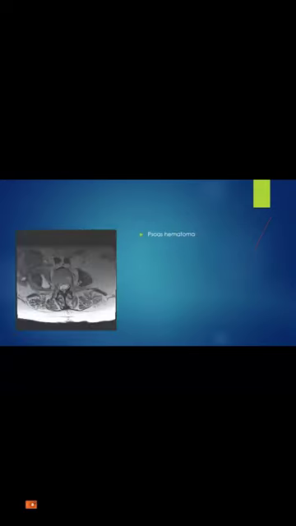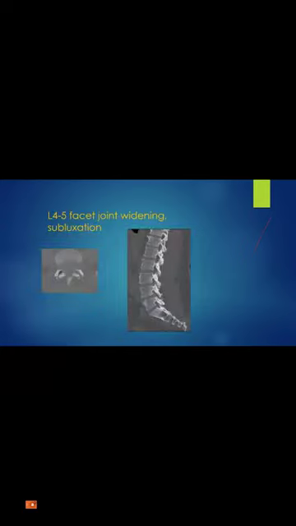Psoas hematoma or lumbar hematoma. Sometimes you have a lumbar spine study looking for something acute happening in the lumbar canal, and we forget to look outside the spine for a hematoma that can be easy to miss. Here we see widening of the facet joint at L4-5.